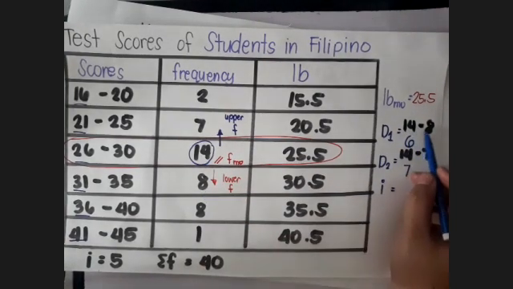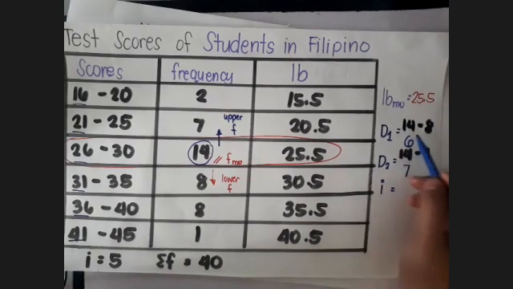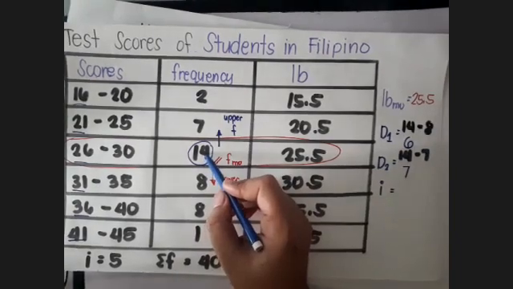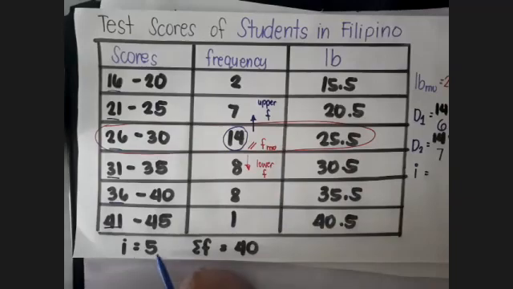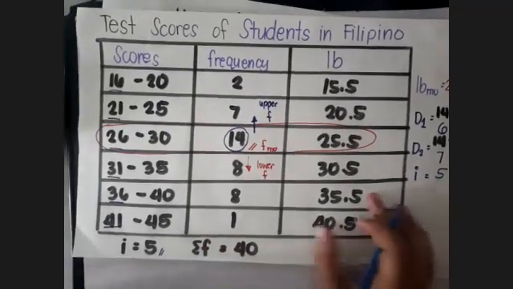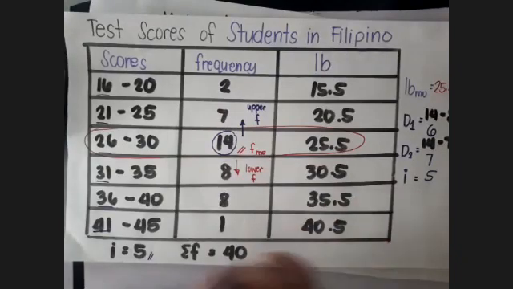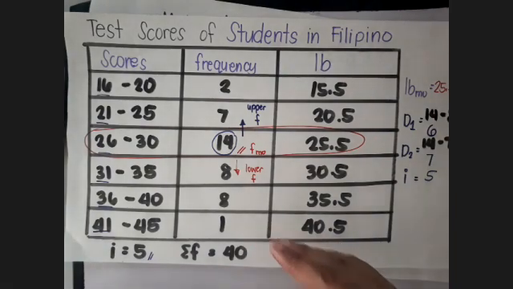So that's 14 minus 8 equals 6. Paulit-ulit lang. Ganun lang ng ganun. Next, 14 minus 7 makes 7. Class interval natin, kinompute natin kanina and that is 5. Okay? So we are done with the values of the mode of the group data.